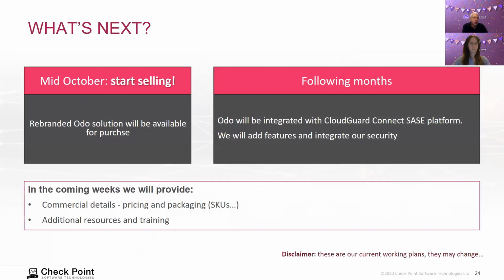So CloudGuard Connect is available today. Odo is going to be available for us to sell, for our customers to buy, within about 3 weeks. We're making a few minor changes and rebranding. Initially, it will be a separate platform, Odo's platform, rebranded as Checkpoint, but commercially we'll sell it already as part of CloudGuard Connect.